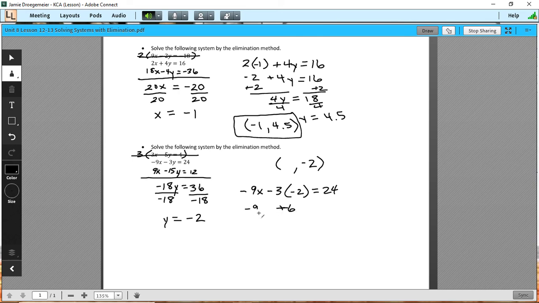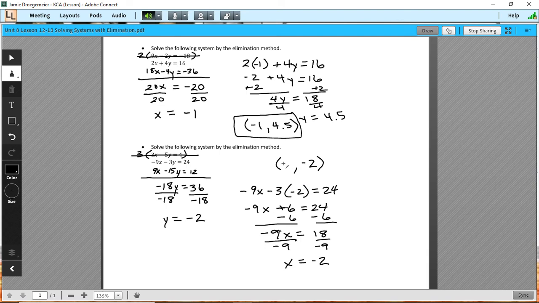So we have negative 9x plus 6 equals 24. We'll subtract the 6 from each side to isolate that variable. So we're left with negative 9x equals 18. And then finally, we're dividing each side by negative 9. And we get that x equals negative 2.